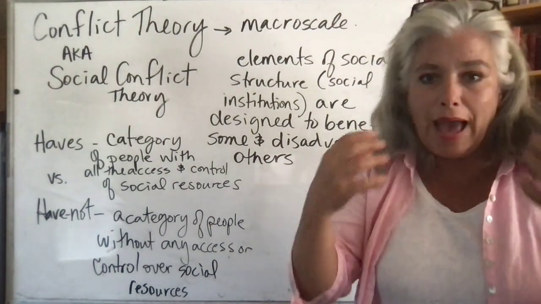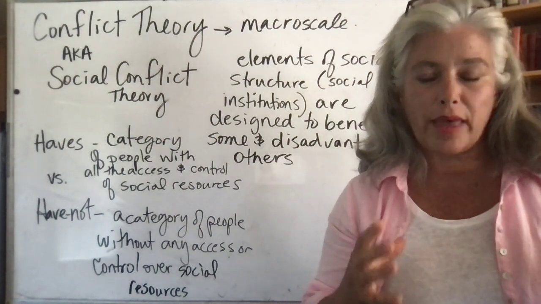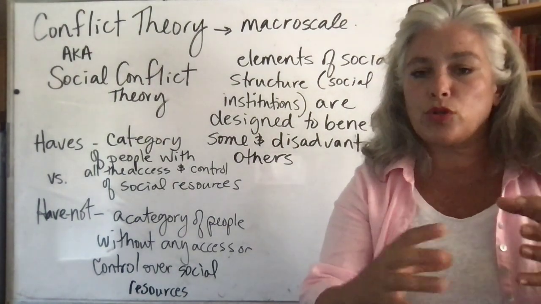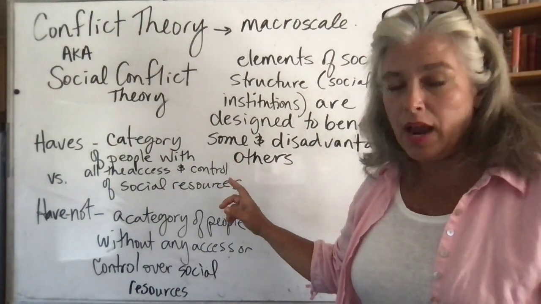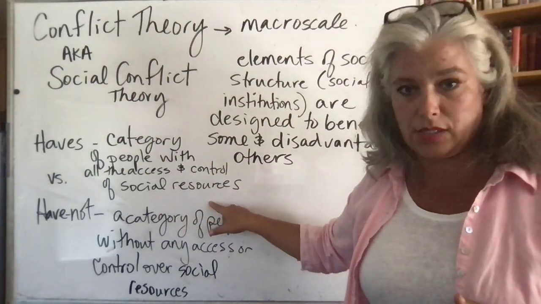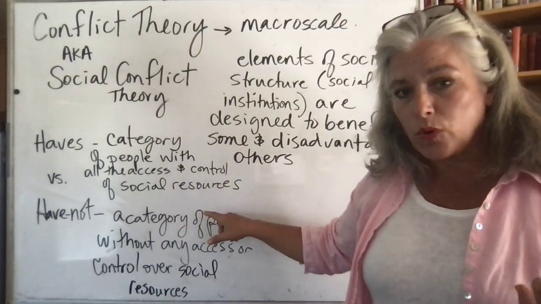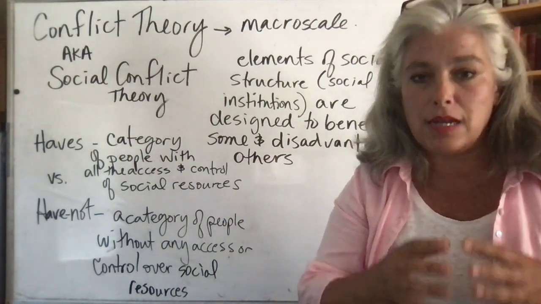When I say categories of people, I'm talking about huge portions of a population who share similar characteristics to each other. And in this case, the characteristic that they share is that they have access and control over the social resources that exist. So social resources are limited in number.